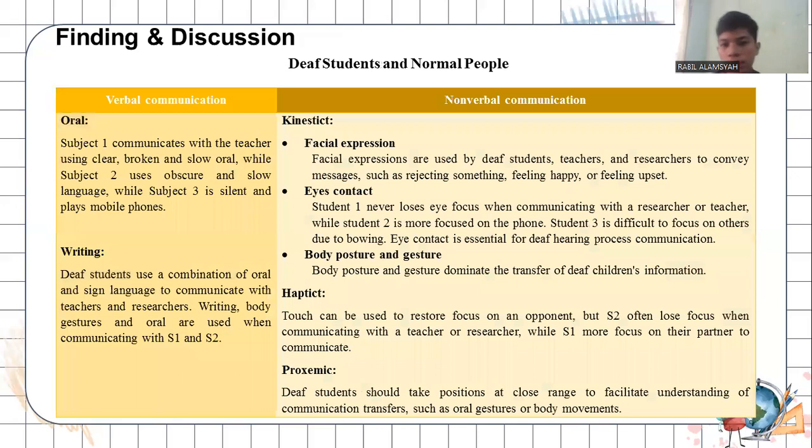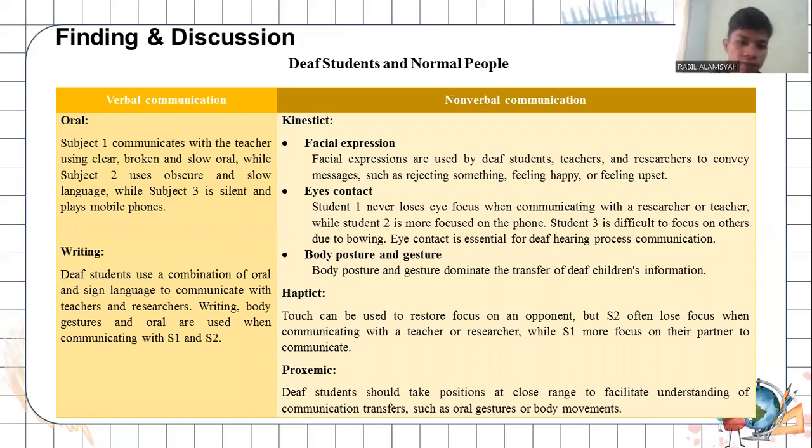So how about the deaf students and normal people? As we can see, the verbal communication uses oral and writing. In the oral verbal communication, student 1 communicates with the teacher using clear, broken, and slow oral, while student 2 uses obscure and slow language, while student 3 is silent and plays on a mobile phone.